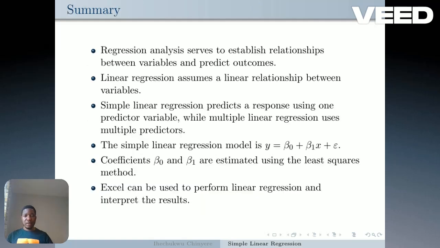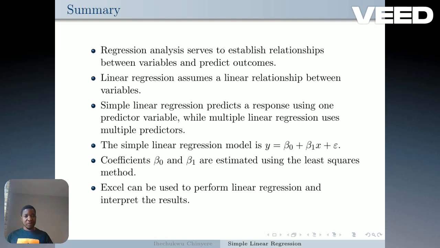Just to summarize, today we have learned about regression analysis. This is a method we use to understand the relationship between variables and then use that to make predictions. In particular, the linear regression that we did today assumed that the relationship between the variables is linear.